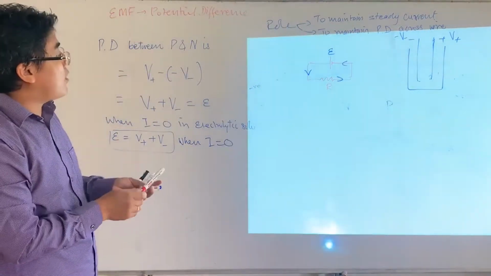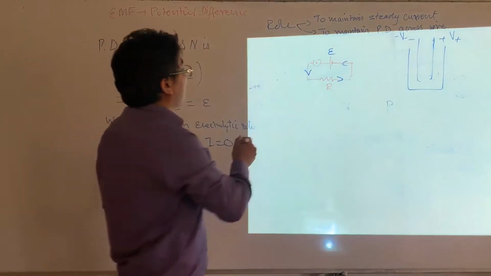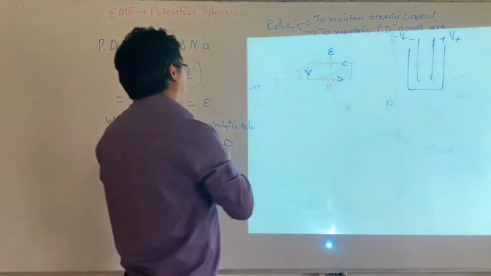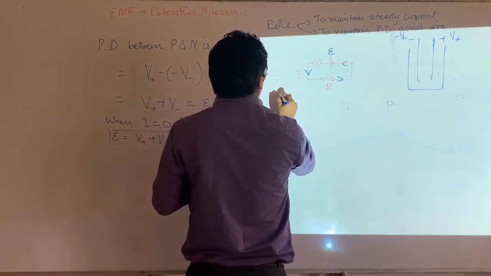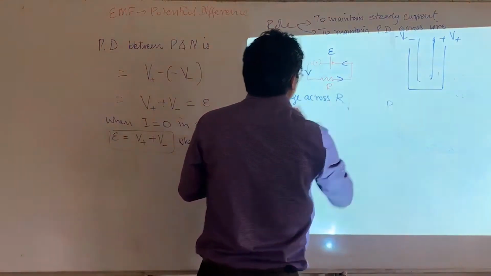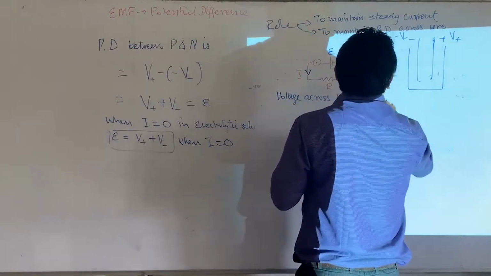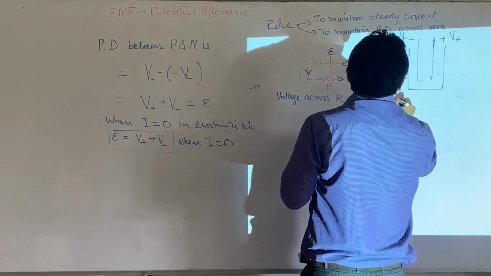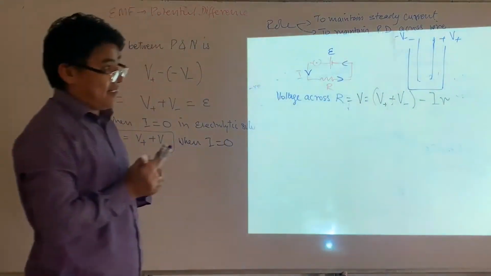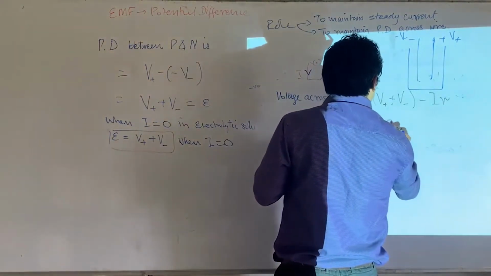Now look at here. When it is connected, when the switch is on, if there is a current I, then the voltage across R is going to be V, which is equal to EMF minus Ir.